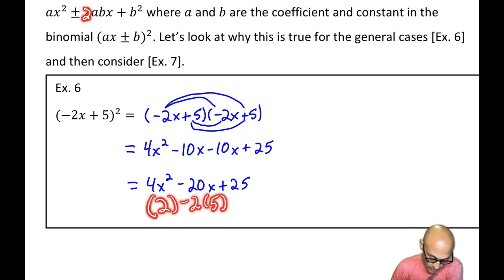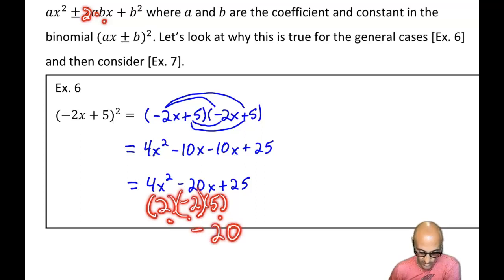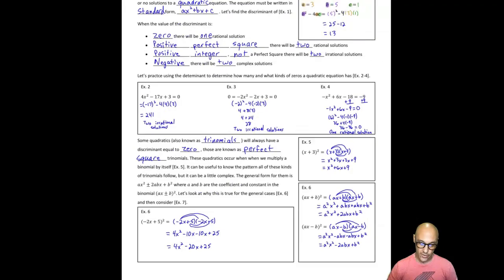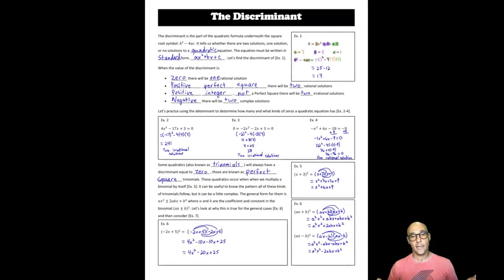So 2 times a times b is going to be negative 20. And then b squared, 5 squared, is 25. It's kind of complex to see these, but you get the hang of it the more you see them. And if you don't get it right off, that's okay. Just know that they exist. All right, that is the discriminant.